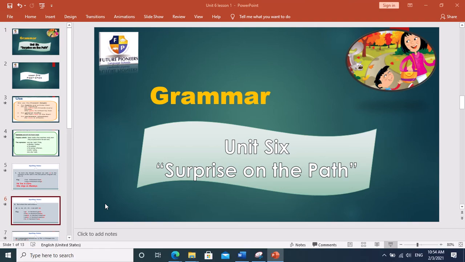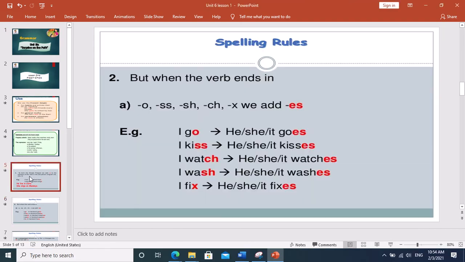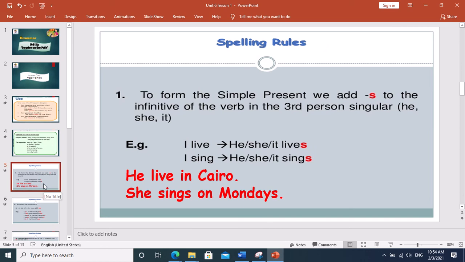No, it should be he lives. I have to write here what? S. She sings on Monday, which means with she, a singular personal pronoun, I have to put to the verb what? S. Let's go to something else.